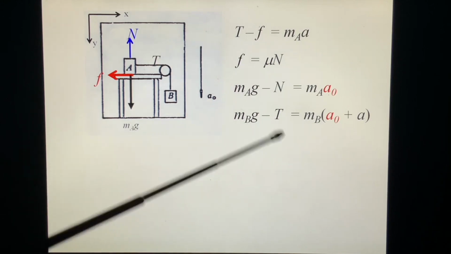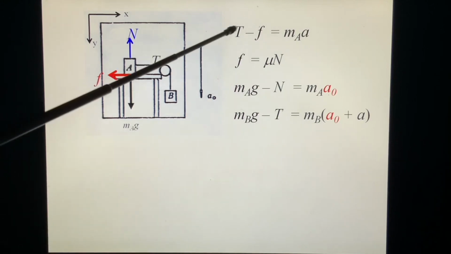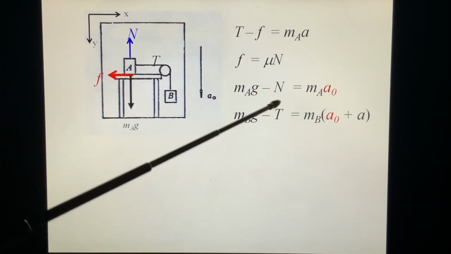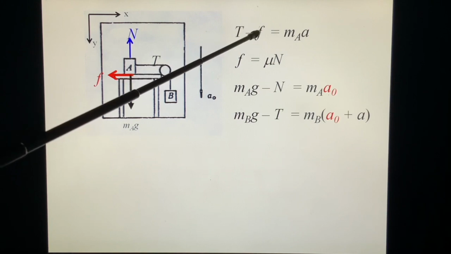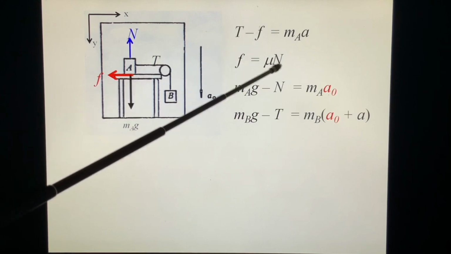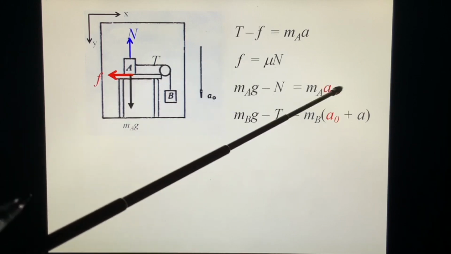We have minus T and T, so we put these equations together and cancel T, but we have f. In order to find f, we have to find N, which we can find from this equation.